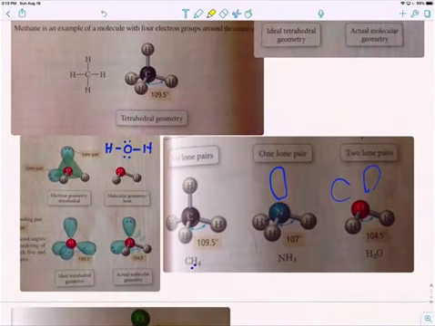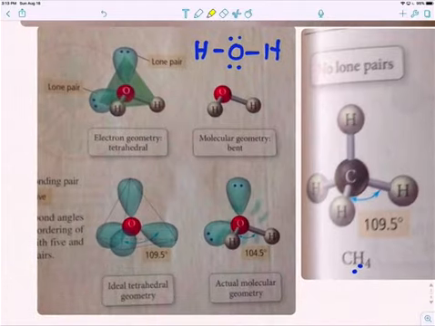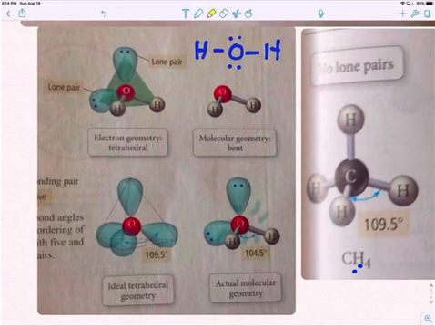And if you have a tetrahedral with two bonding groups and two lone pairs, this forms a bent structure. Water has an even bigger squeeze. Ammonia is squeezed to about 107. Water is squeezed a little past 105.